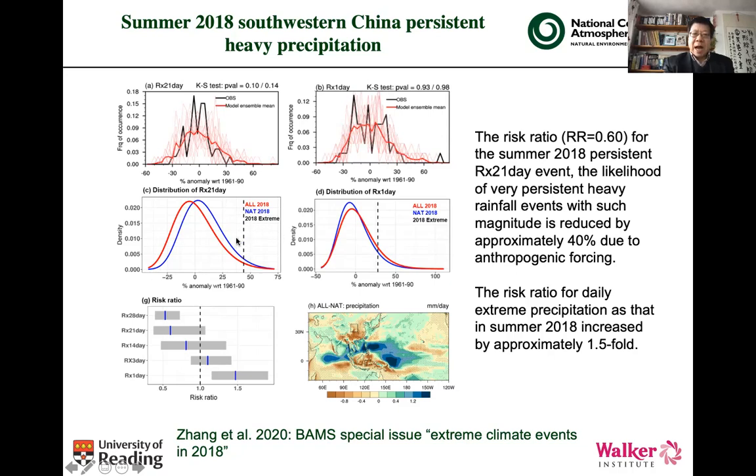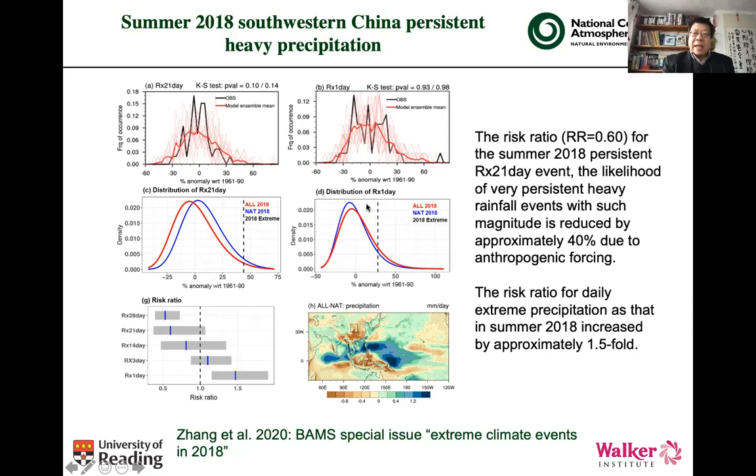In fact, the risk ratio of that kind of event in the historical simulation relative to the natural simulation is decreased, reduced by about 40%.